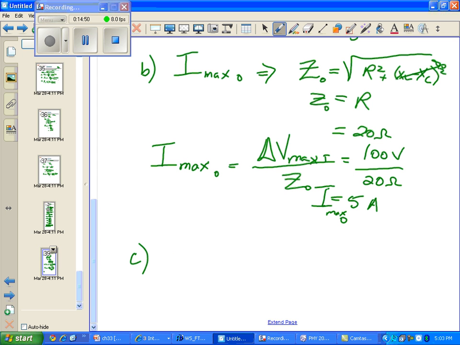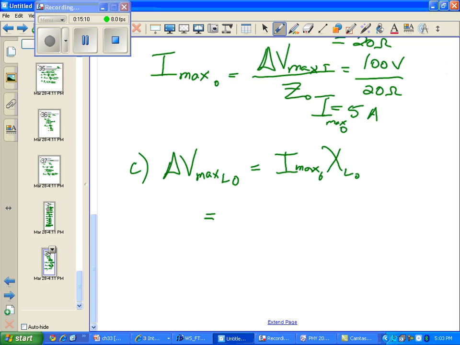And the last part asks us to determine the maximum voltage through the inductor at resonance. Well, of course, that's going to be I max at resonance times X_L at resonance. Well, we just got the value of I max at resonance, which is 5 amps, and to get X_L at resonance, it's omega at resonance times L. Well, omega at resonance was this huge value of 22,360 radians per second.